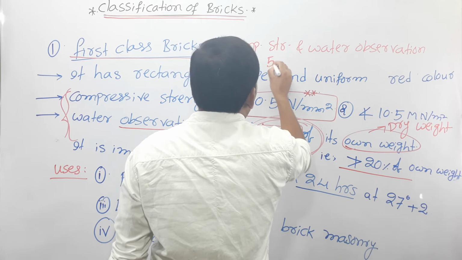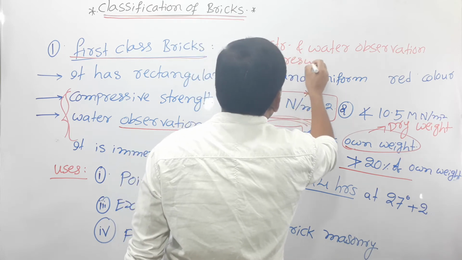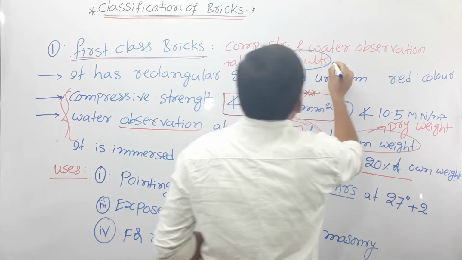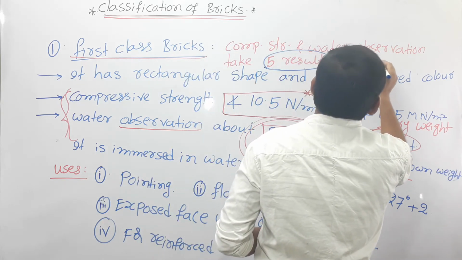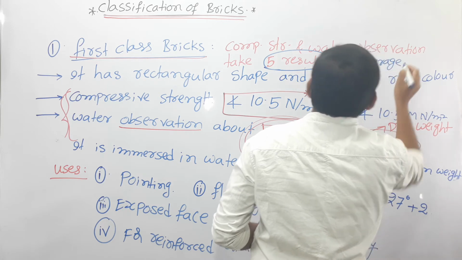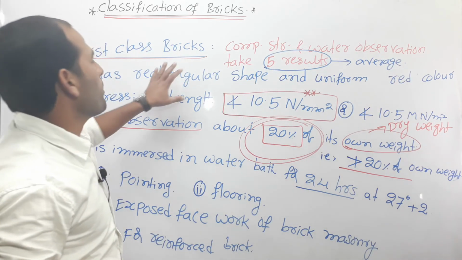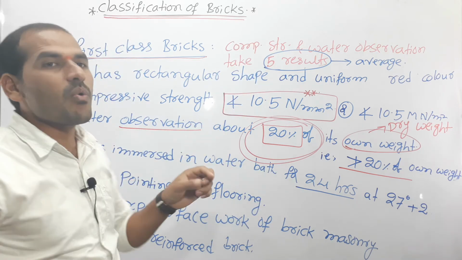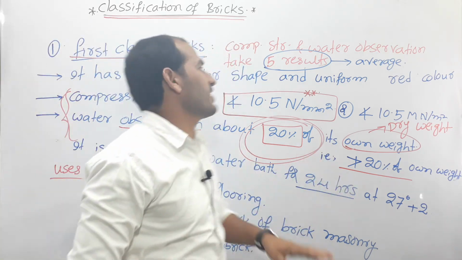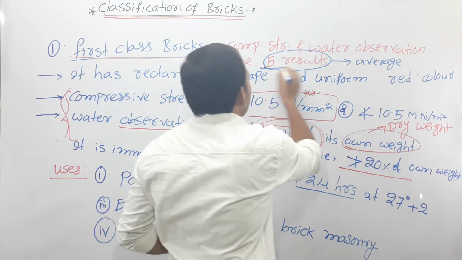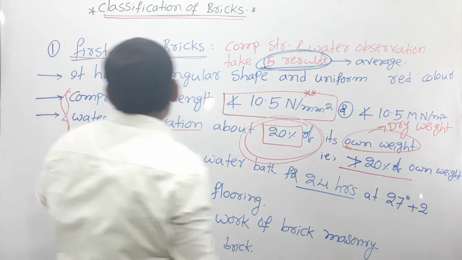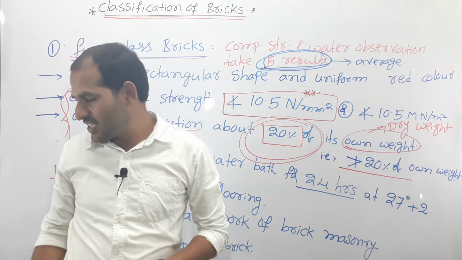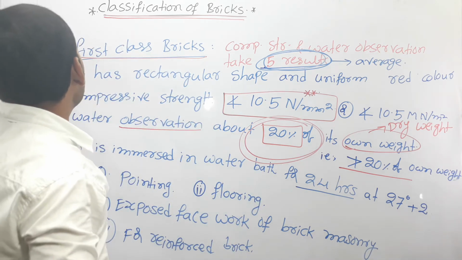The average of the 5 test results is taken as the compressive strength, and the average of the 5 test results is taken as the water absorption. Minimum 5 samples are taken for these tests. So this is the first class brick.